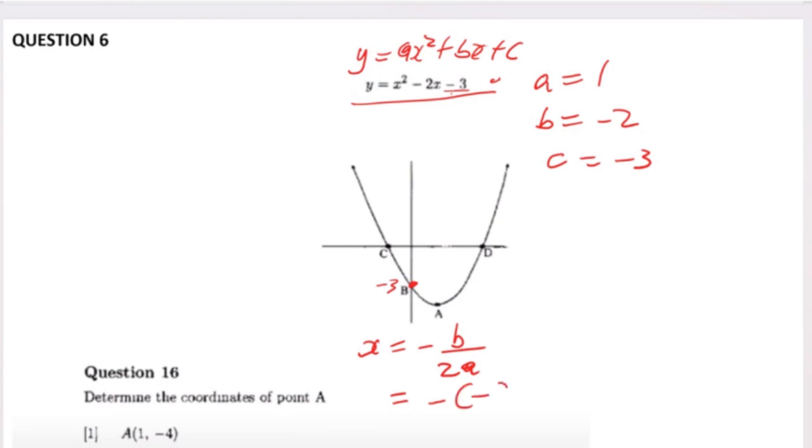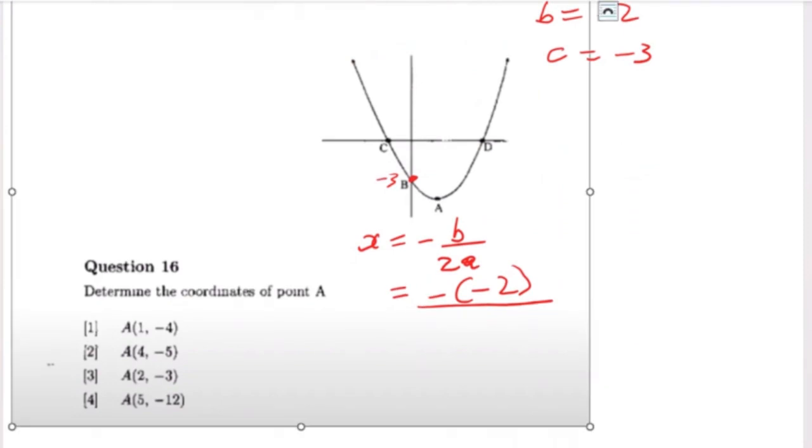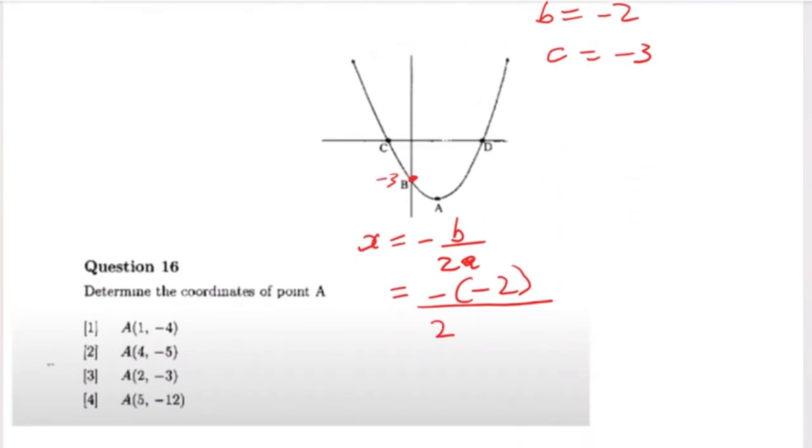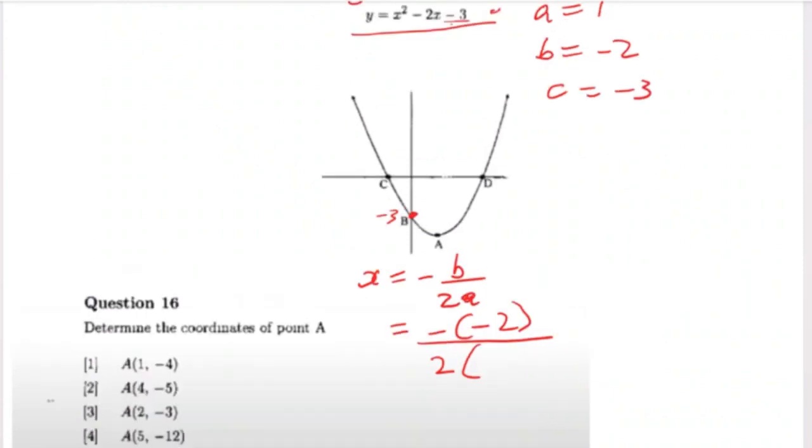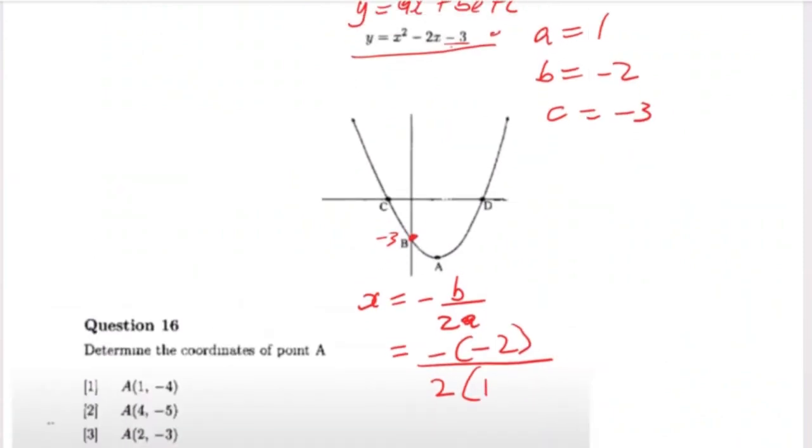I always like to protect my negative numbers because hey, they can bias you. So make sure you protect them. That's why I'm putting the negative number. So this is 1. Okay, so this implies that negative multiplied by negative is positive. I've got 2 over 2 multiplied by 1 is 2. So my x coordinate is equal to 1.